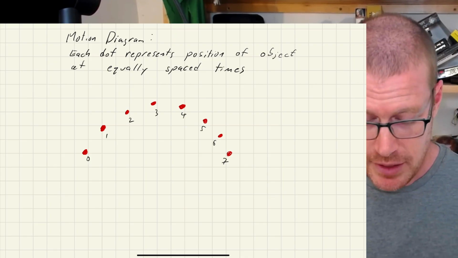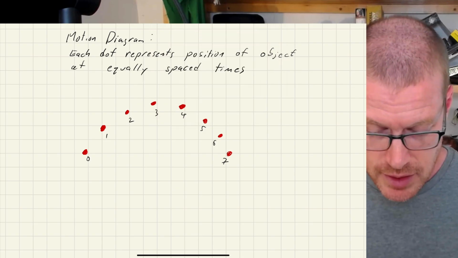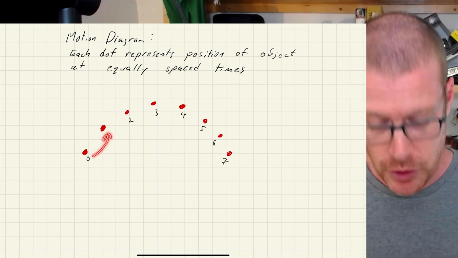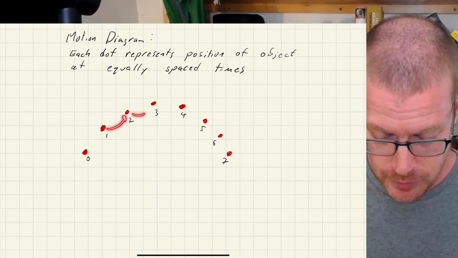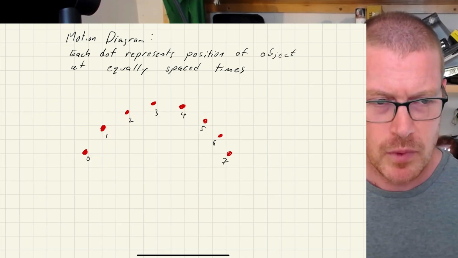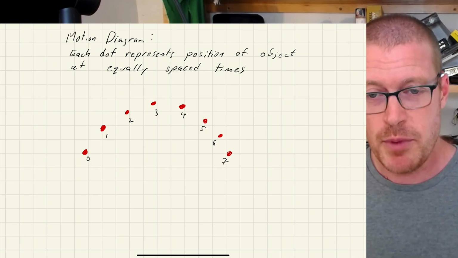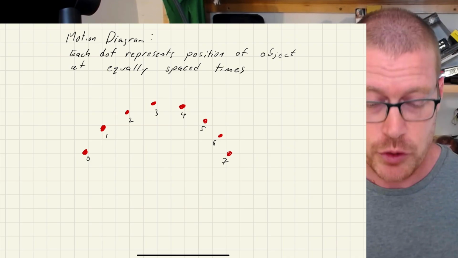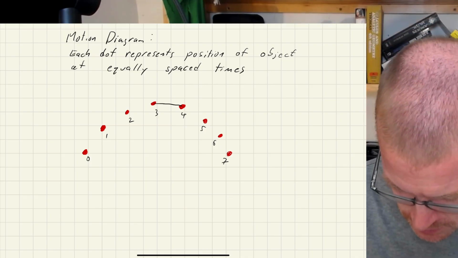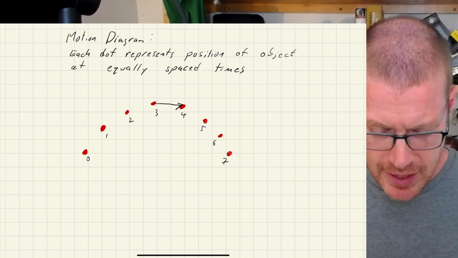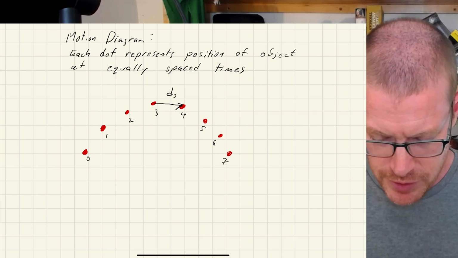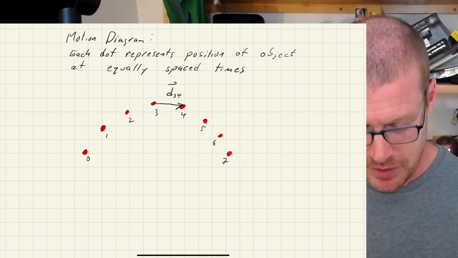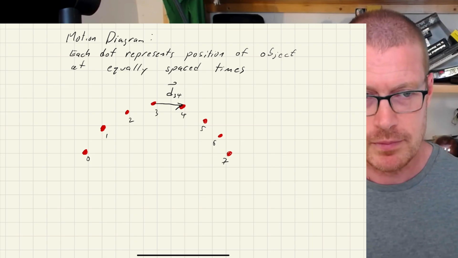And by this I mean this is one time interval after the first, another time interval, another time interval. If I want to know the displacement between two time intervals, again, I just draw a vector joining those points. And I can label that as d sub 3, 4, which is the displacement from time 3 to time 4.